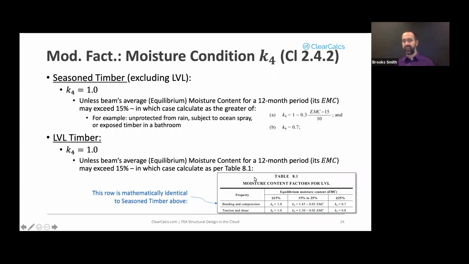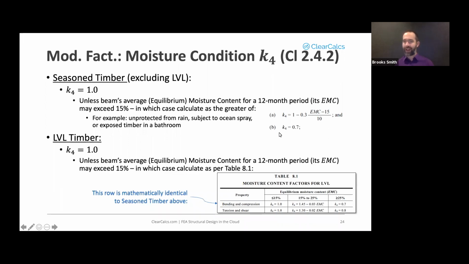If you're using a seasoned timber, then again, usually your K4 value is going to be 1.0. That is, unless your beam's average moisture content for a 12-month period, known as the equilibrium moisture content, may exceed 15%. If that's the case, then you calculate your K4 value based upon the greater of the two equations shown on the upper right here.